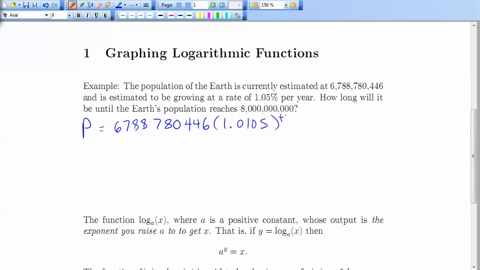Now, if I want to know when the Earth's population is going to reach 8 billion, well, I don't know. I guess we just guess several different values of t, plug them in, and see how close we can get. So I've done a few calculations on my own already, and if I plug in 15, I end up getting just under 8 billion.